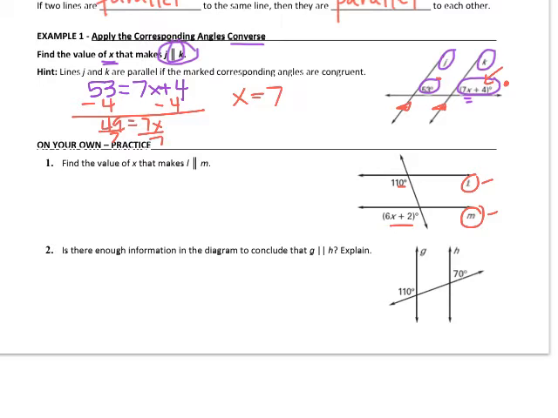And in number 2 it says, is there enough information in the diagram to conclude that line G is parallel to line H? This does make you think a little bit, but please explain. Don't just write yes or no, but give a little bit more information and work through your thinking in terms of the explanation.